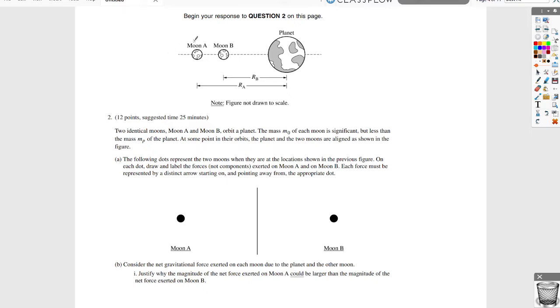So you have a force like this. They're attracting each other. So in this position specifically, that's one force, the force of moon B exerted on moon A.